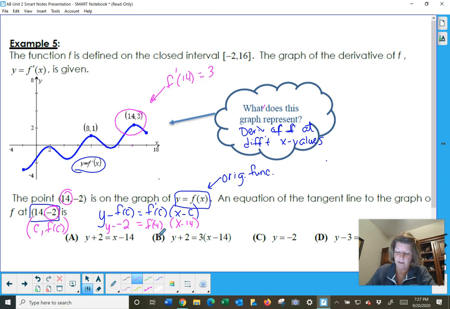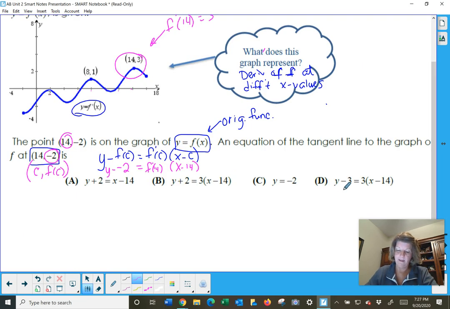The slope is 3. It's B, because this would turn out to be plus. So I get y plus 2 equals 3 times x minus 14.